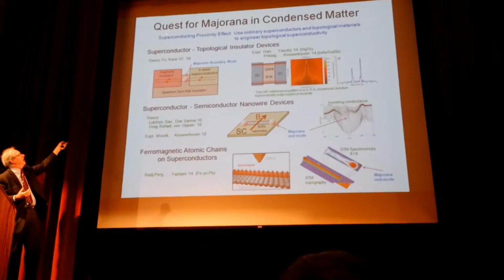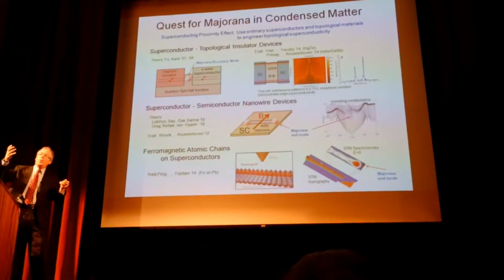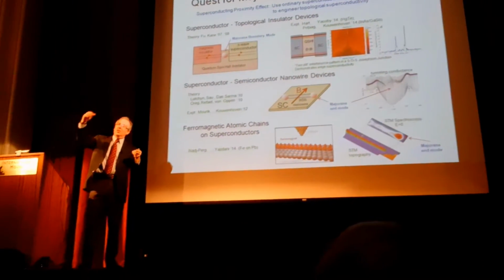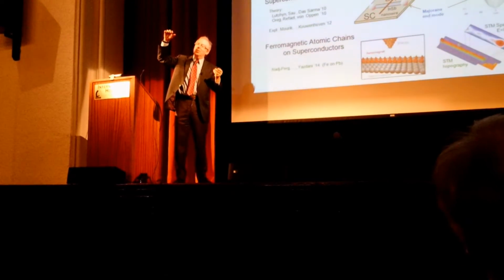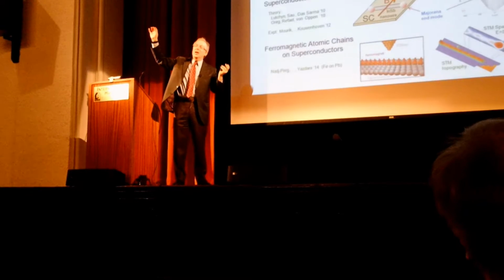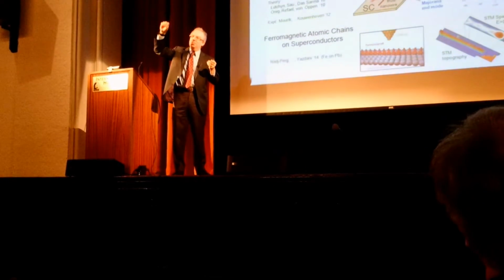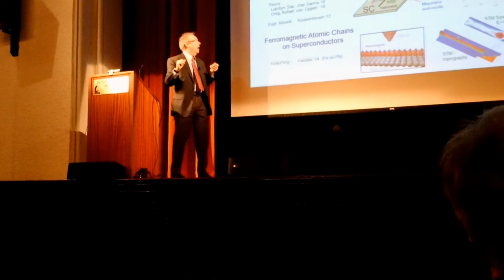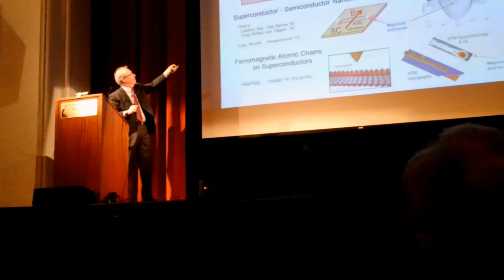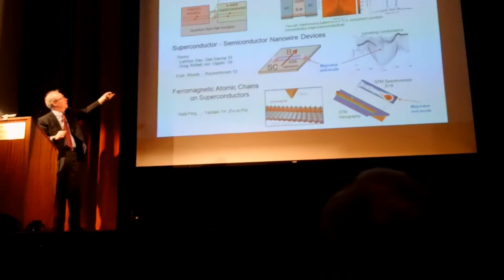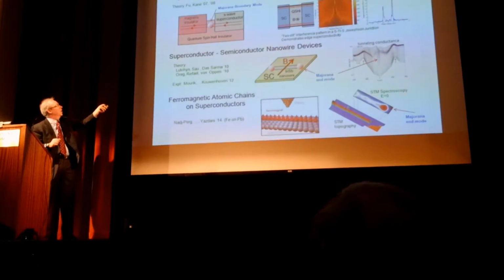You see, the problem is that there are lots of materials that are superconductors, but we don't know if there are any topological superconductors. You can't just buy one. But our idea is to use an ordinary superconductor and combine it with some sort of topological material in order to engineer a topological superconductor.